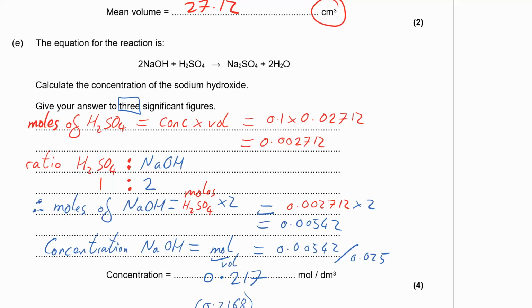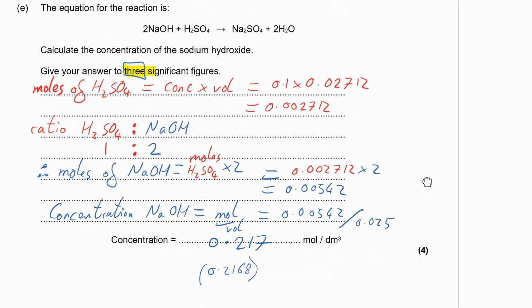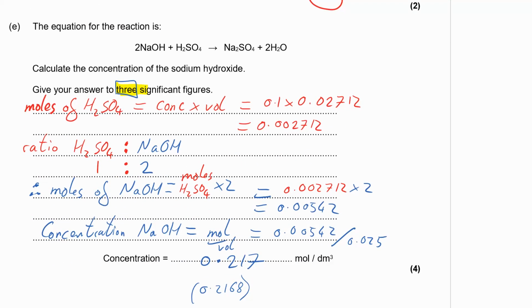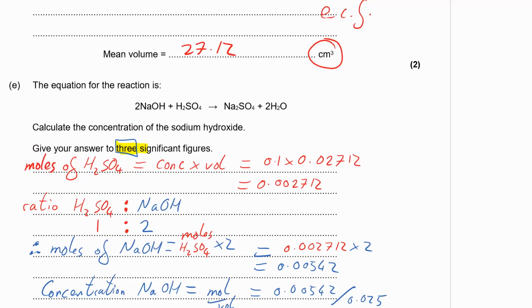Is your equation 2NaOH plus sulfuric acid. So calculate the concentration of sodium hydroxide, give your answer to 3 significant figures. So it has specified 3. So here is the calculation, and I'm going to set it out again in a table. But essentially, your first thing is moles of H2SO4, and this equals 0.1 times 0.02712, and this number is the same as this one.